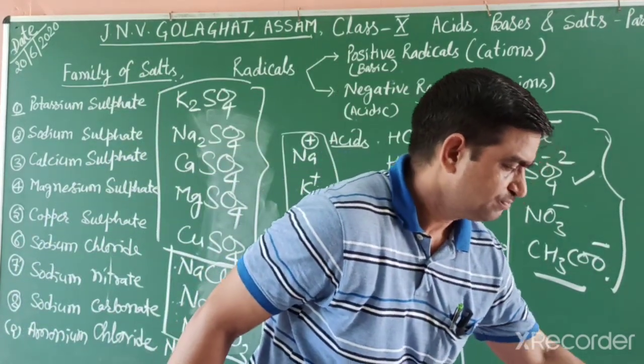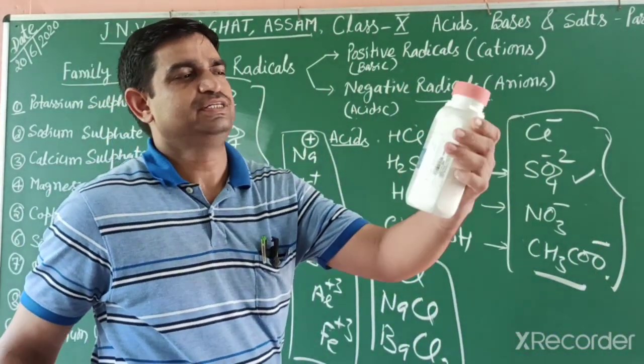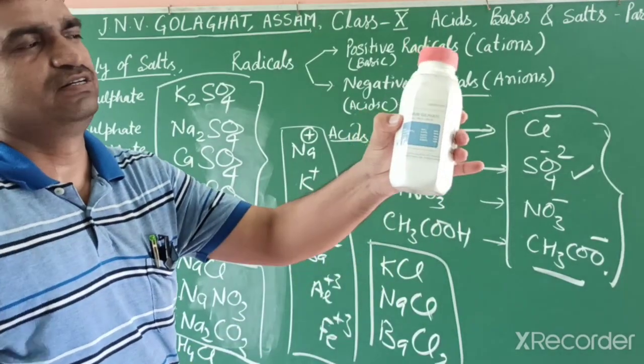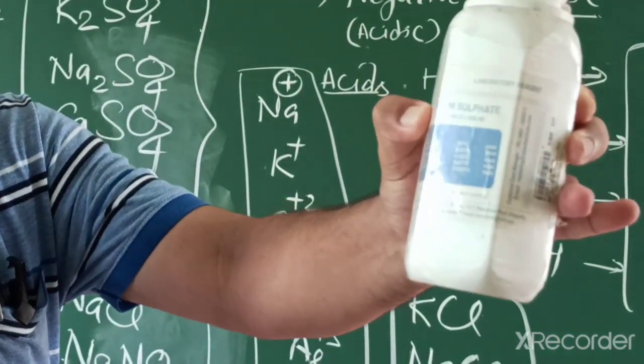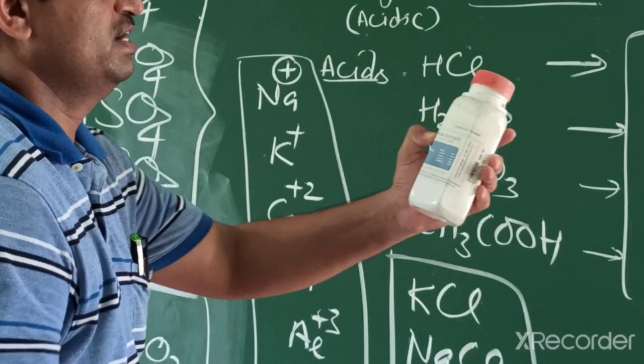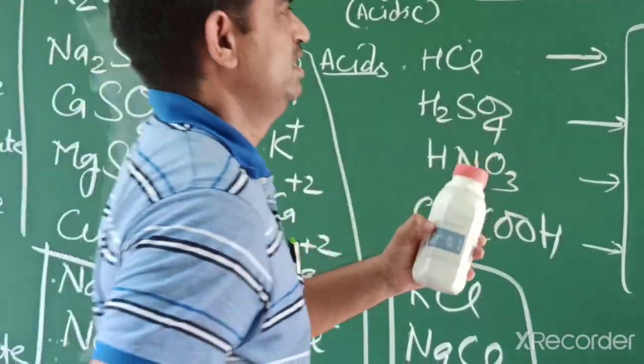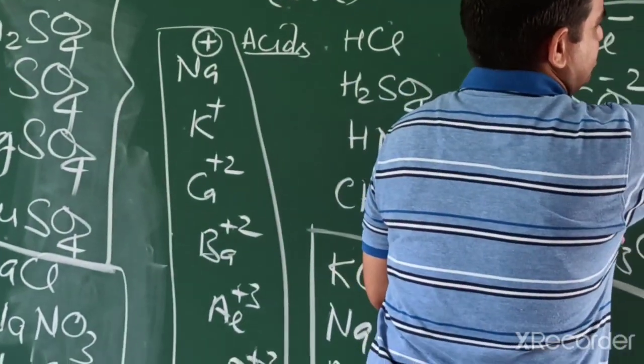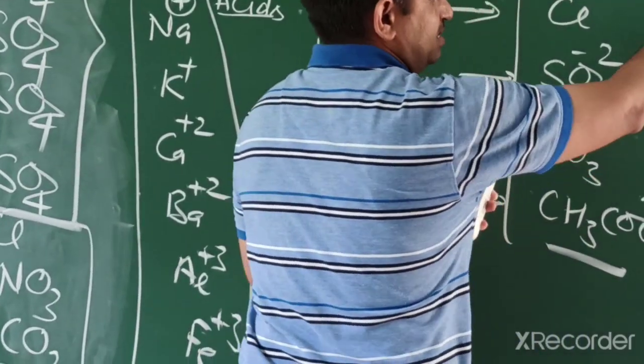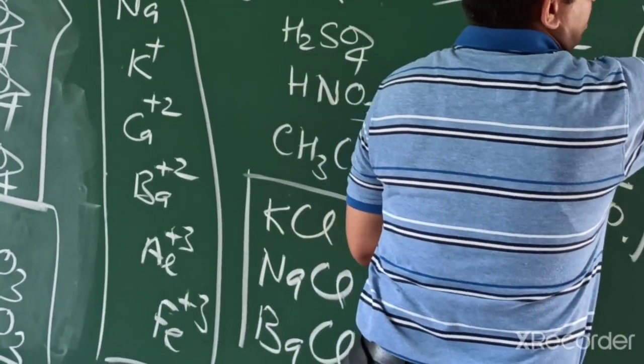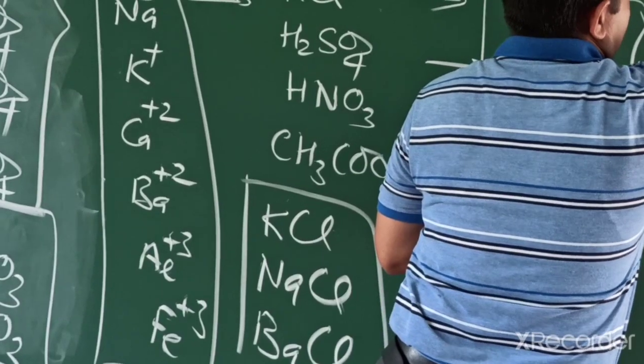For example, suppose you are given aluminium sulfate. How can you identify it? First you write the formula. Aluminium has a +3 charge, and sulfate, as you already know, is SO4 with -2 charge.